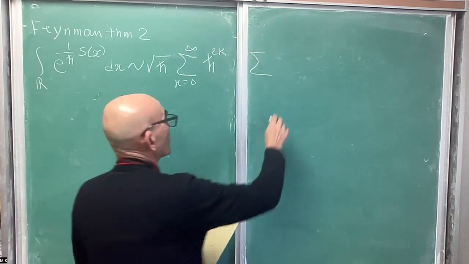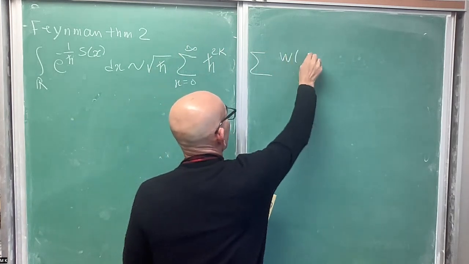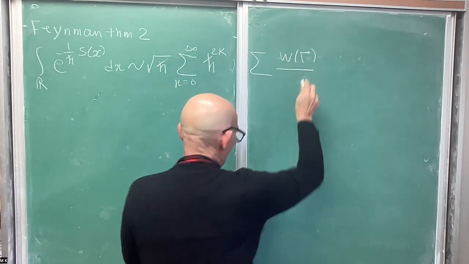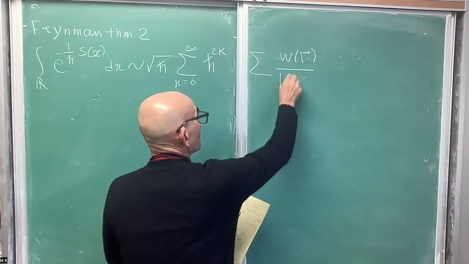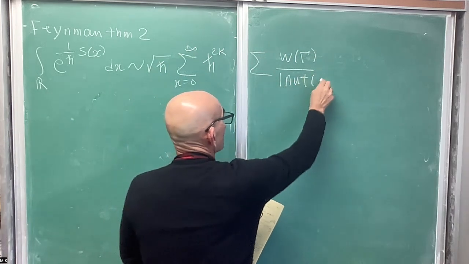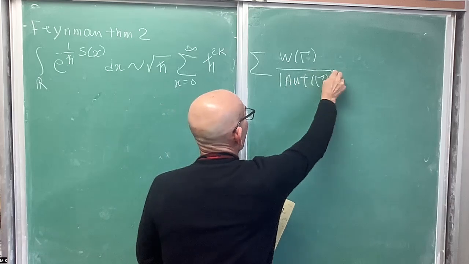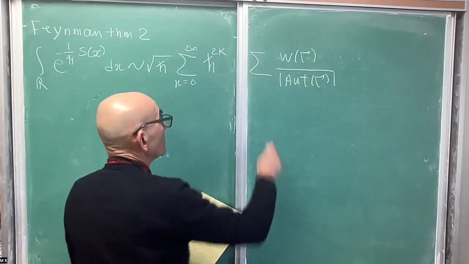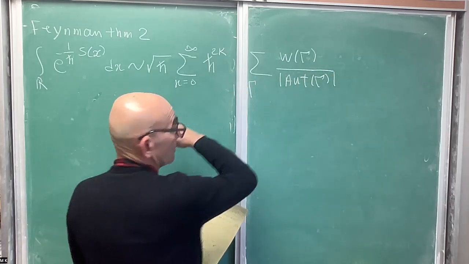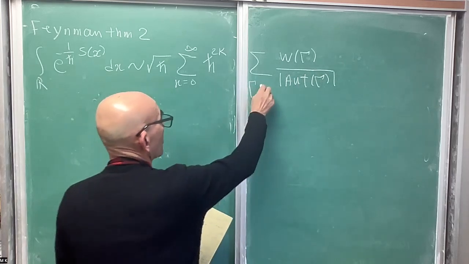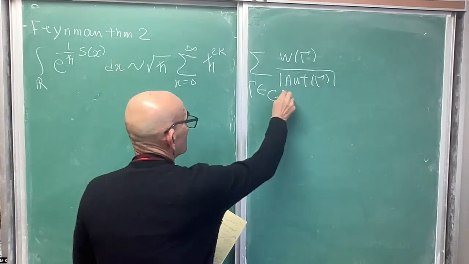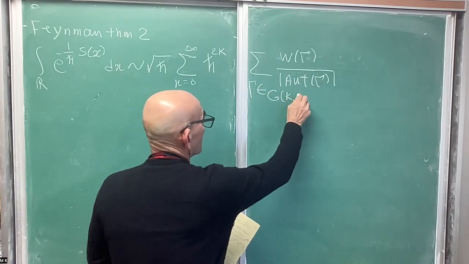Then there's a sum over graphs, W gamma over order of automorphism group of gamma. So here, gamma for this particular problem belongs to the set G_K4.